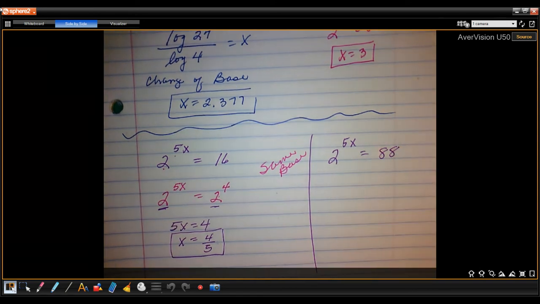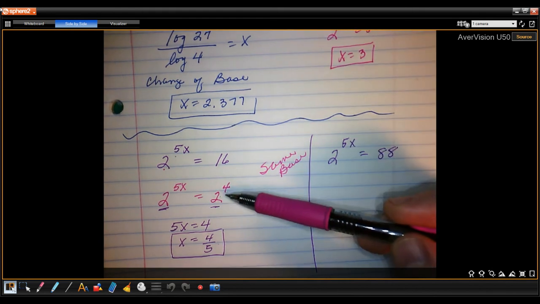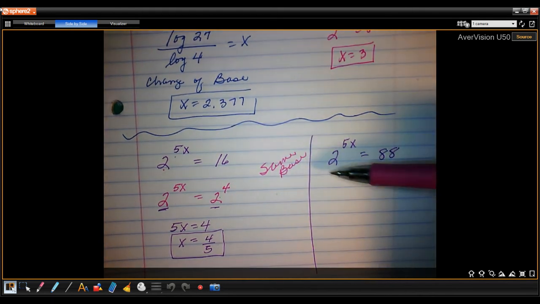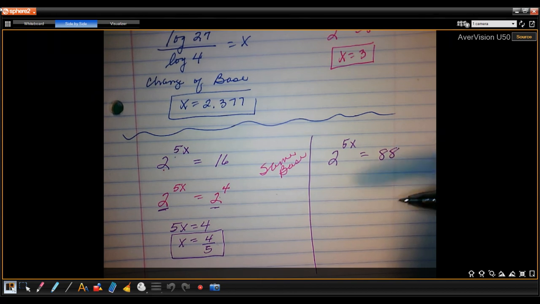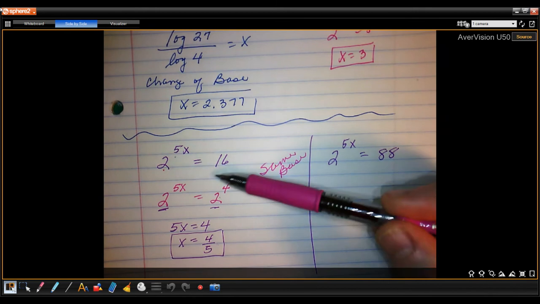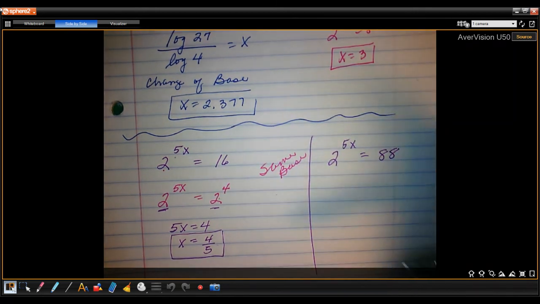So then we can take log on both sides. In the notes later in the lesson, you want to solve this, but you can't use this train of thought because this is base 2. 2 to some power does not give me 88. So you have to scratch that train of thought. In pre-cal, we really don't use this too much. We do what we're about to do.